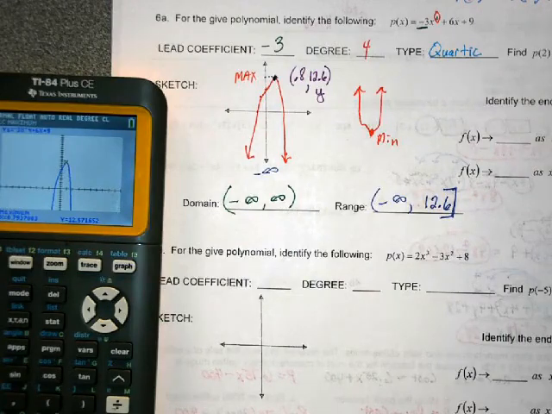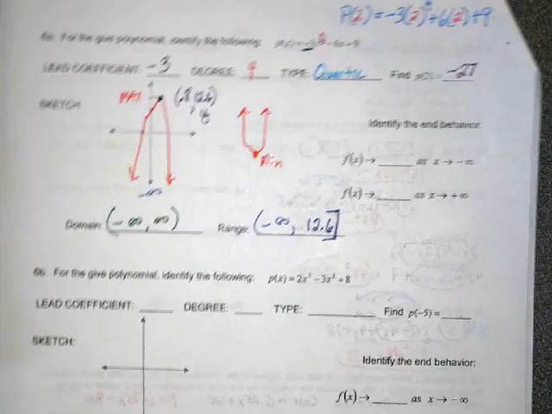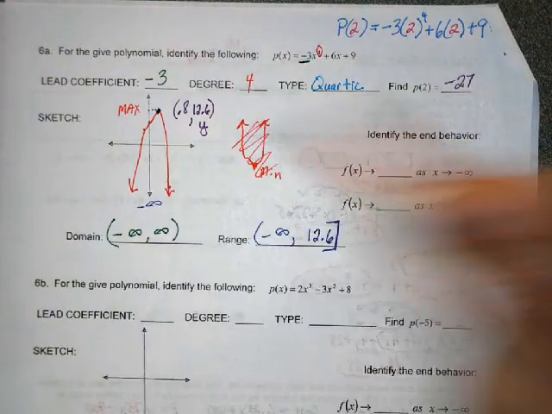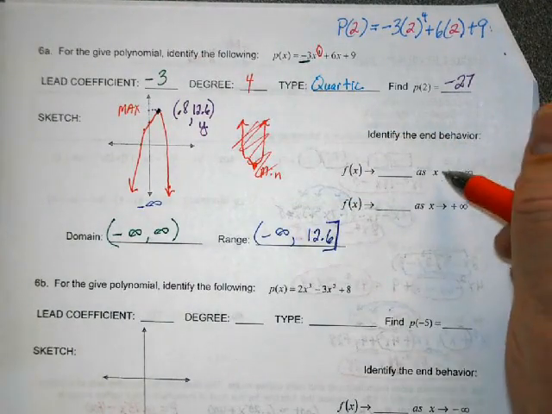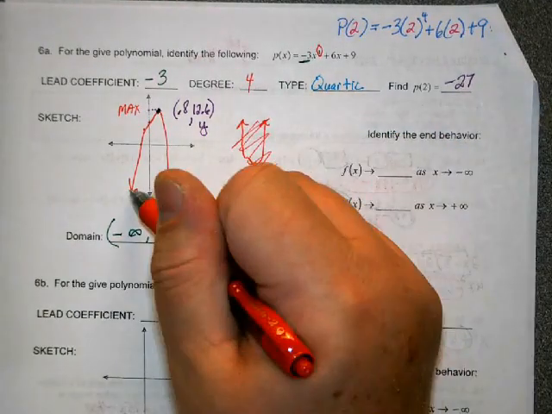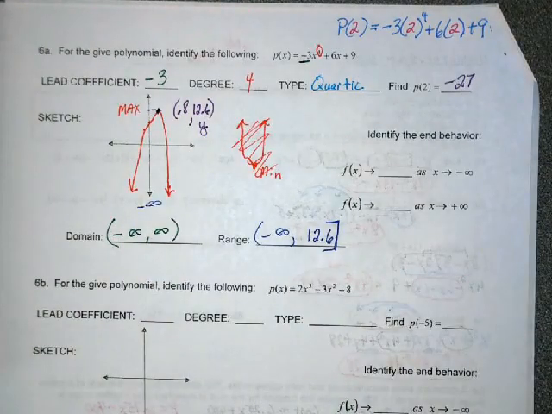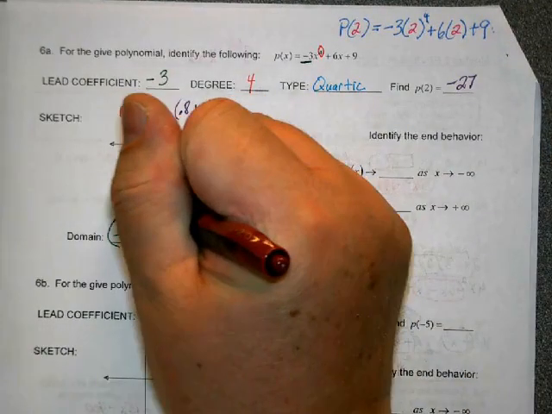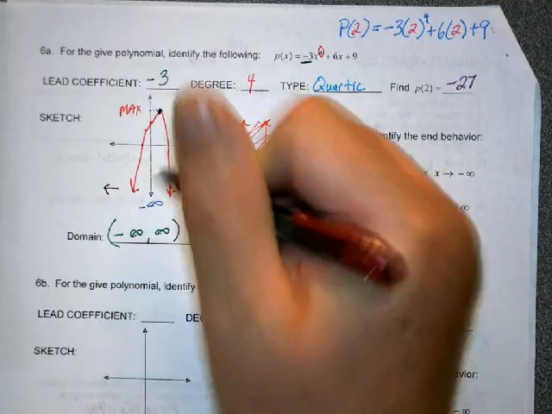And then we got to do end behavior, right? Which we learned yesterday. So I'm looking at that one. As my x goes to the left, or negative infinity, what happens to my y? Negative infinity, right?